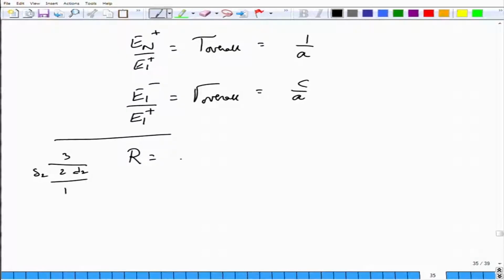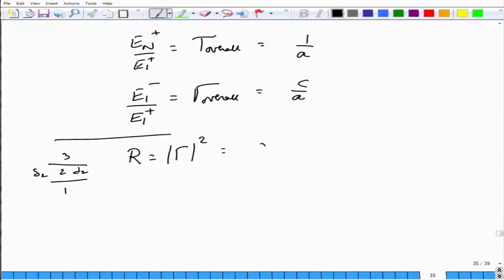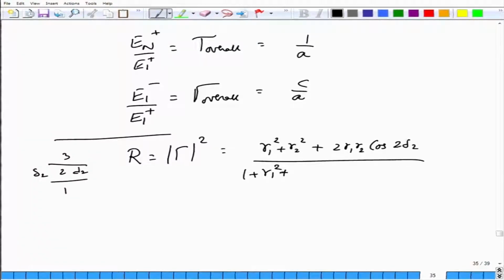The reflection coefficient R, which is related to the squared magnitude of the reflection coefficient, is the overall reflection that we are talking about for a single film, and this would be equal to R1 square plus R2 square plus 2 R1 R2 cos of 2 delta 2 divided by 1 plus R1 square R2 square plus 2 R1 R2 cos of 2 delta 2.